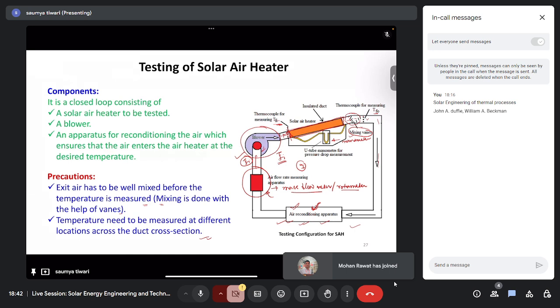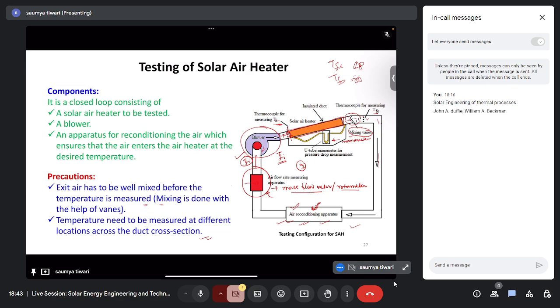So what values we can actually measure during the testing are your fluid inlet temperature, fluid outlet temperature, the pressure drop we can measure, right? The mass flow rate we can measure, right? So mass flow rate we can measure from here. The inlet and outlet temperature, and the pressure drop across the solar air heater, these values we can actually measure during the testing of a solar air heater.